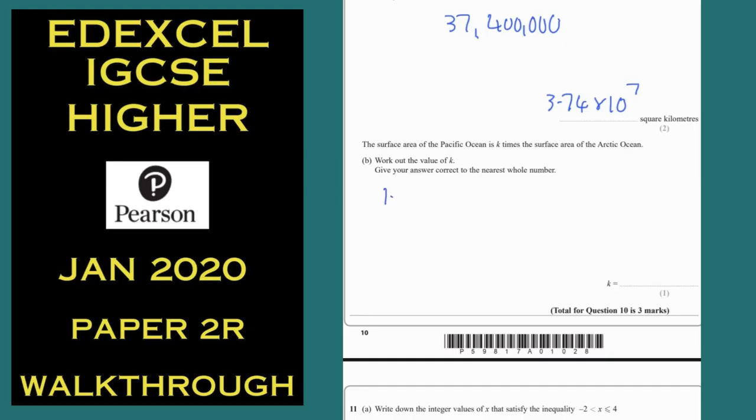So it's 1.156 times 10 to the 8 divided by 1.41 times 10 to the 7. Get all that in your calculator. Brackets if you need to, if you've got one of them that's a little bit fiddly, but make sure you get 11.06-ish. We're told for nearest whole number. We've got 11.